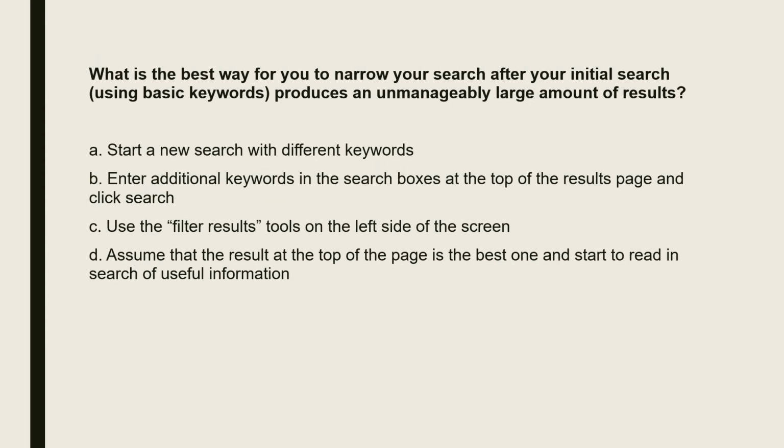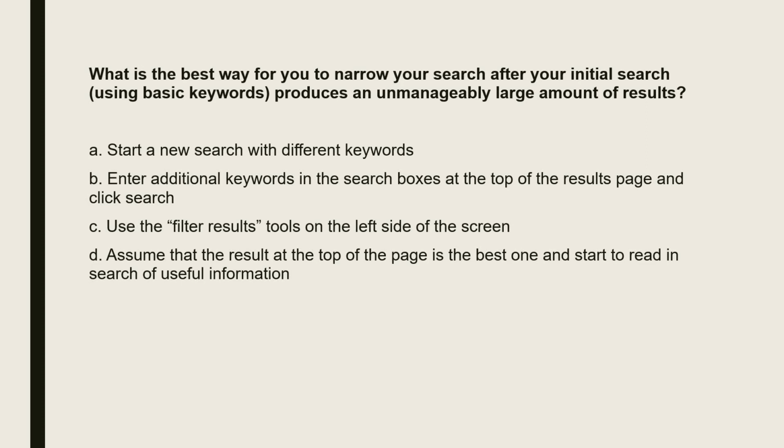What is the best way for you to narrow your search after your initial research using basic keywords produces an unmanageably large amount of results? So if you remember in the video, they got over 900,000 search results. So what's the best way for you to narrow that down? Is it to start a new search with different keywords? Is it enter additional keywords in the search boxes at the top of the results page and then click search again?